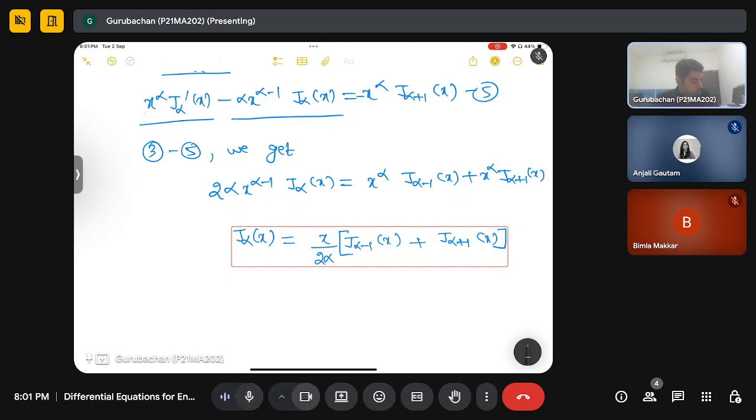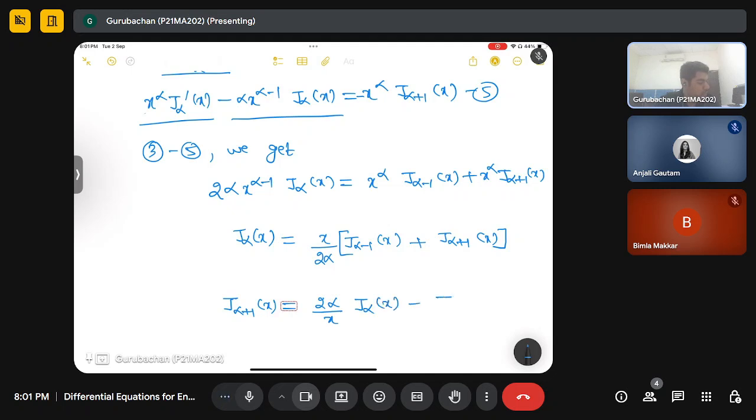So since we want to decrease the index from 5 by 2 to 3 by 2 to 1 by 2, we write J alpha plus 1 of x in terms of J alpha and J alpha minus 1 of x. So this will be 2 alpha by x J alpha of x minus J alpha minus 1 of x.